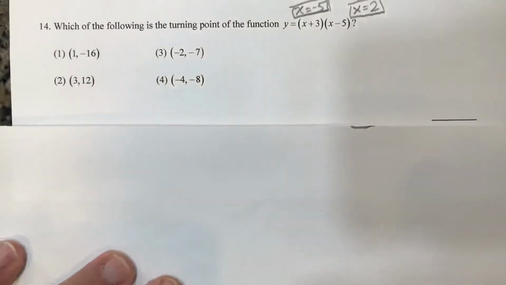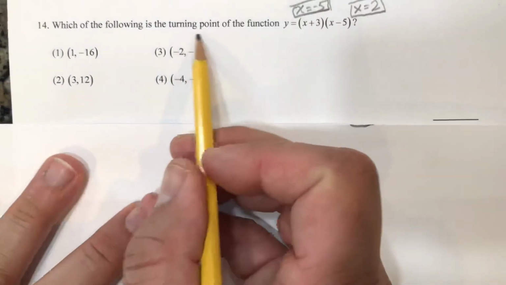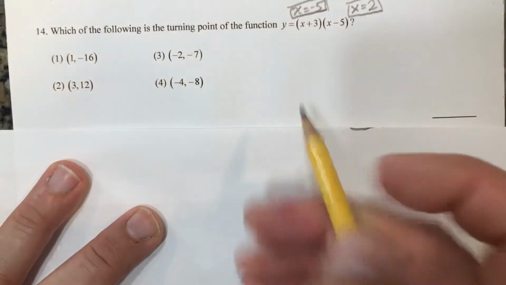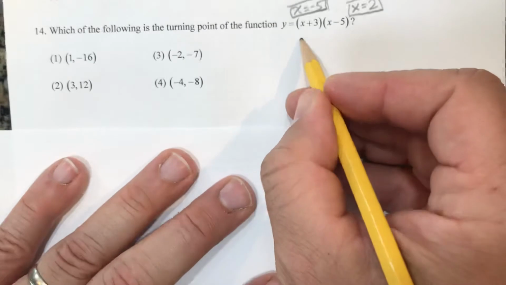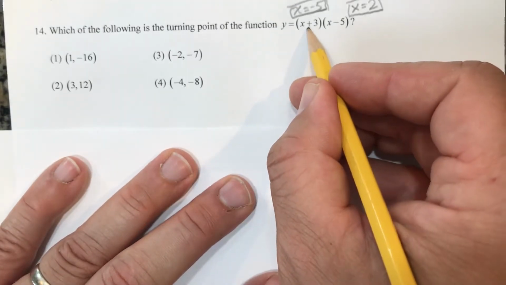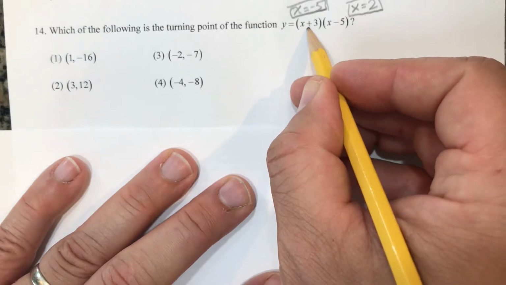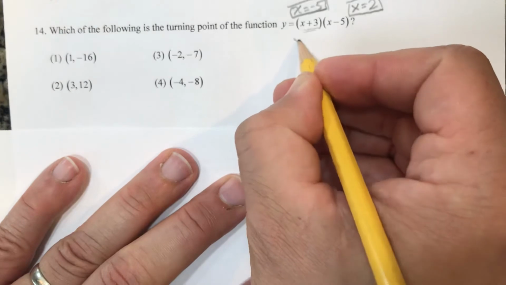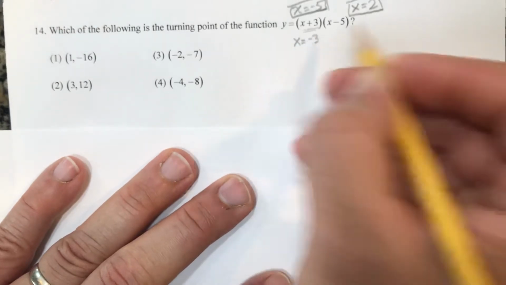Okay. Which of the following is the turning point? All right, so this is a little bit of a challenging question, but I'm going to get a visual. I'm going to say that if this was solved and set equal to 0, if x plus 3 is the factor, that means the 0 is x equals negative 3.